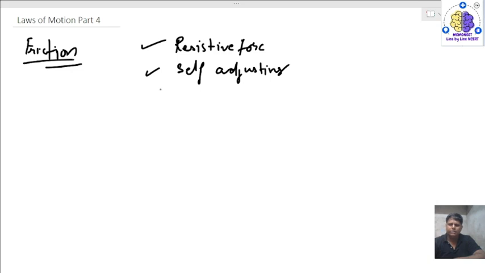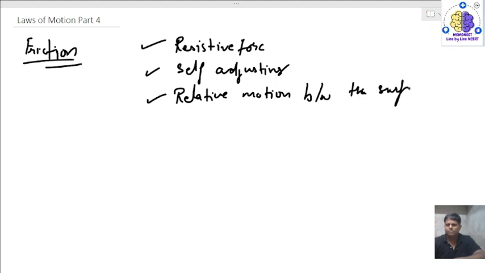How it is self-adjusting we will see. And third thing is it occurs when there is a relative motion between the surfaces in contact. This will always occur between two surfaces in contact.